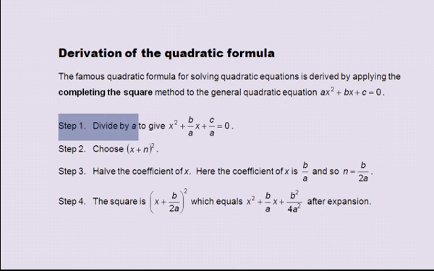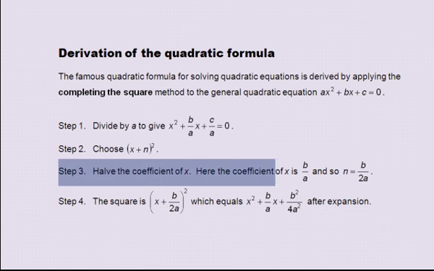Divide by a to give x squared plus b over a times x plus c over a equals 0. Step 2. Choose x plus n all squared. Step 3. Halve the coefficient of x. Here the coefficient of x is b over a, and so n equals b over 2a.